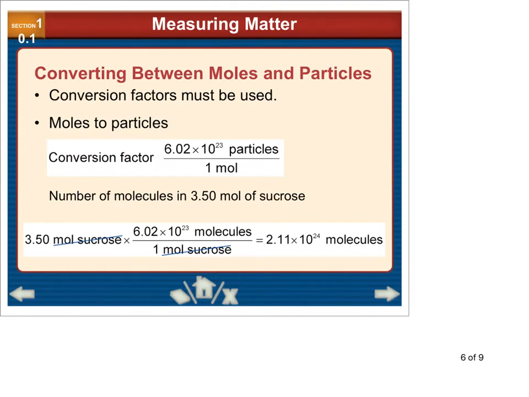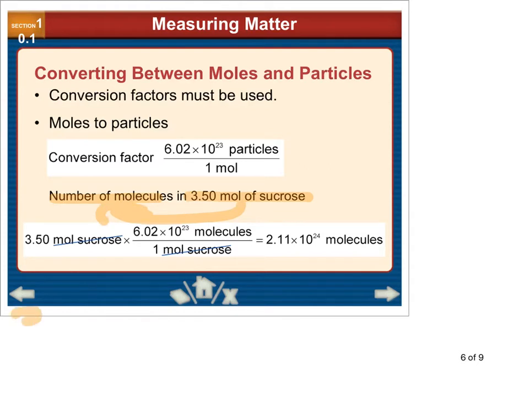And we're going to do conversions, similar to some stuff we've done in the past. Here we're going to be finding the number of molecules in 3.5 moles of sucrose. Now, the way I write it down will be slightly different, but we're trying to change from the 3.5 moles of sucrose into molecules.